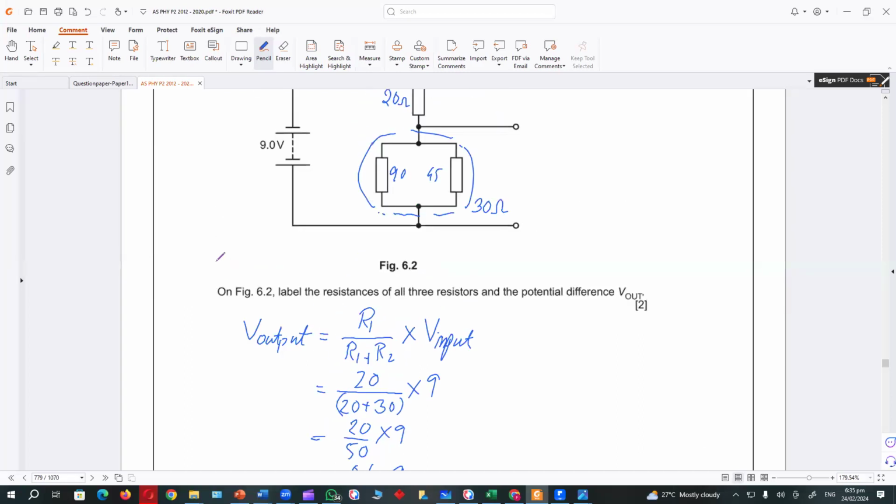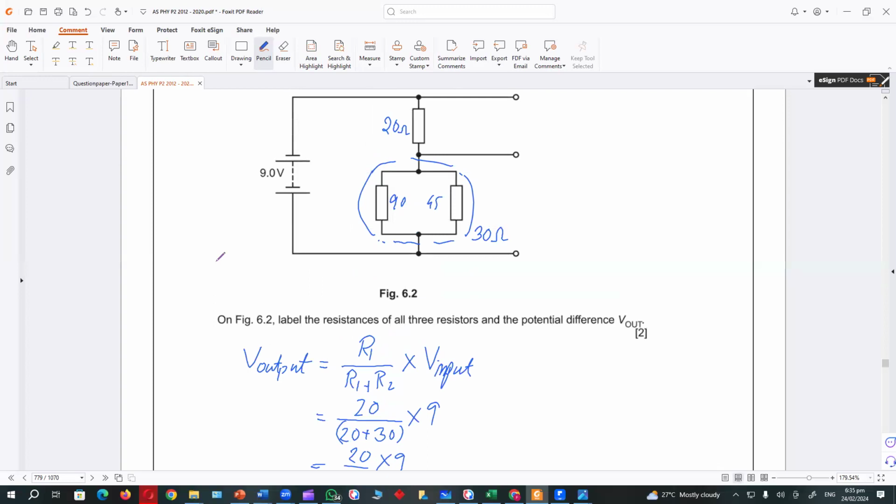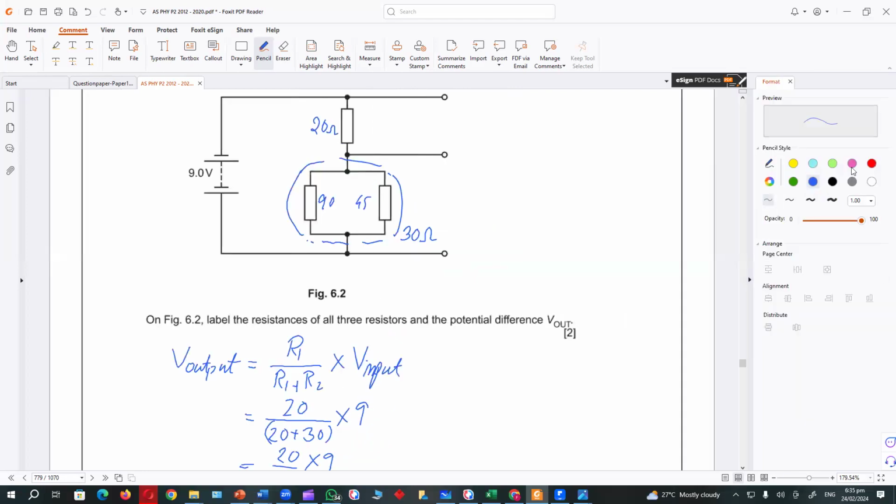So I should take my output across the 20 ohm. V out is equal to 3.6 volt.